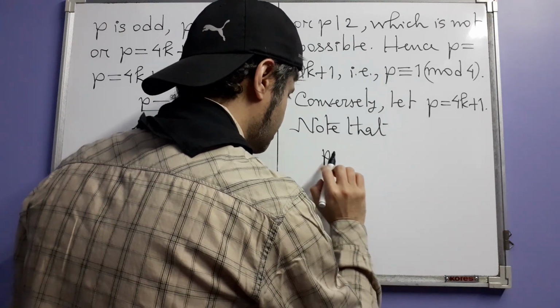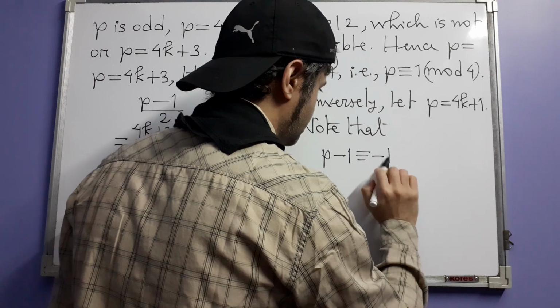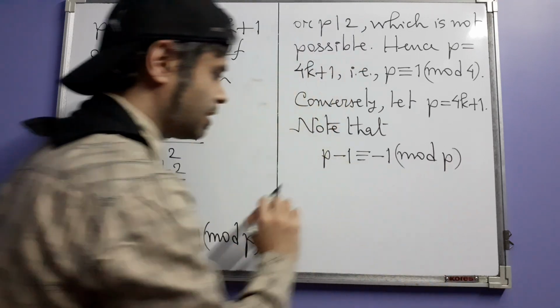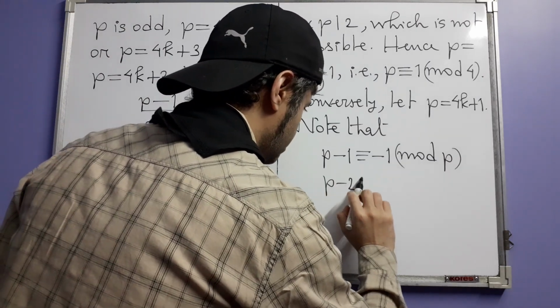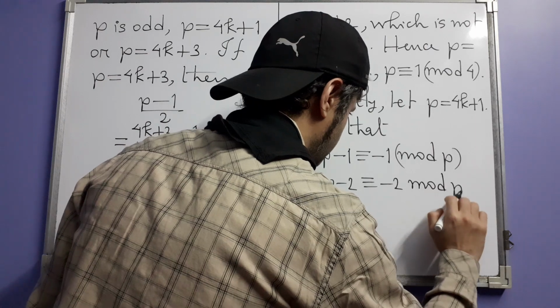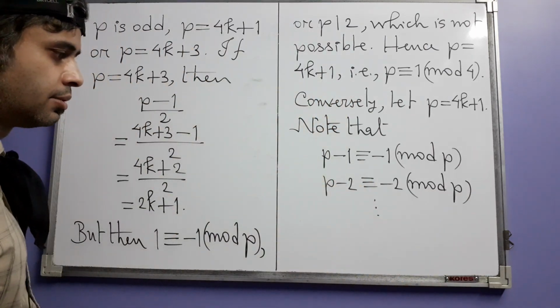Let us start with p minus 1. p minus 1 of course is congruent to minus 1 modulo p, because p divides p. Just like that, p minus 2 is congruent to minus 2 modulo p.